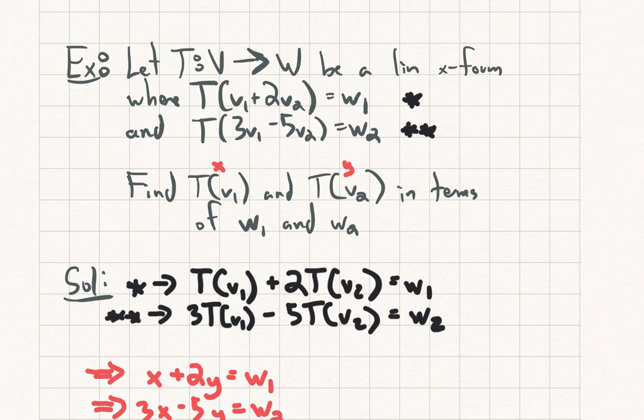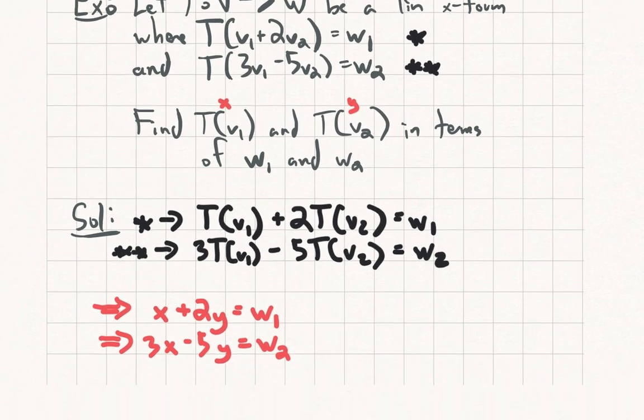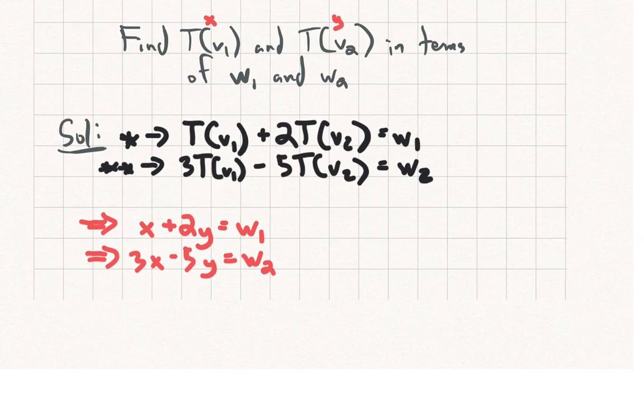There are loads of ways of solving linear equations, so I'll leave this as an exercise for you. Maybe you want to put it into a matrix and do row reduction, or maybe you want to take the coefficient matrix, find the inverse, and multiply it by the vector W1, W2.